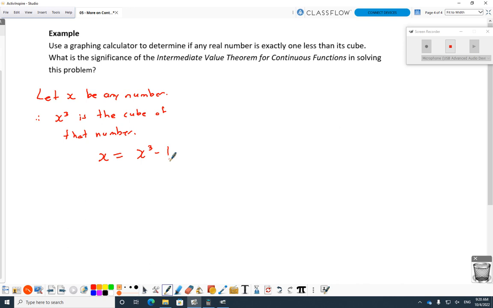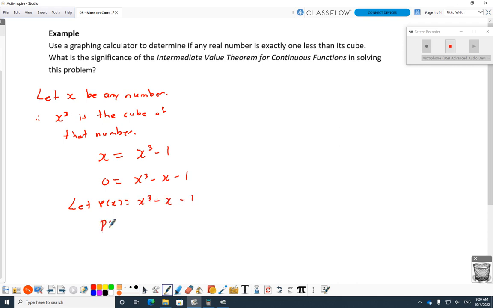I don't know why it mentions a graphing calculator, but here I'm going to go after solving this. Move the x over. 0 equals x cubed minus x minus 1. Let's do the factoring from yesterday. Looks pretty straightforward. Sub in, let p at x equal x cubed minus x minus 1.